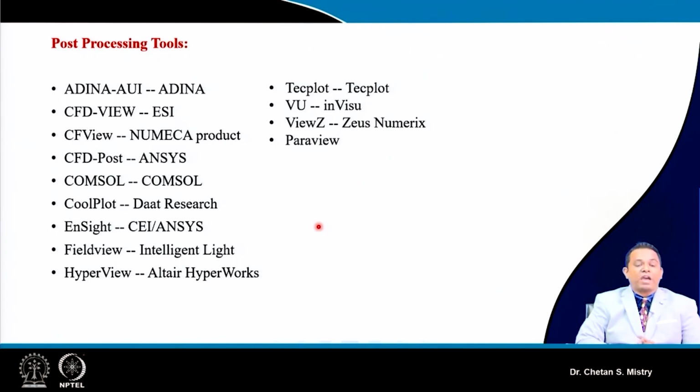For post-processing, we have different kinds of software available, such as EnSight, CFD-View, CFD-Post, COMSOL, CoolPost, Insight, FieldView, HyperView, Tecplot, VisIt, VisIt, ParaView. All these are commercially or freely available for analyzing or doing post-processing. Doing post-processing is also a skill.